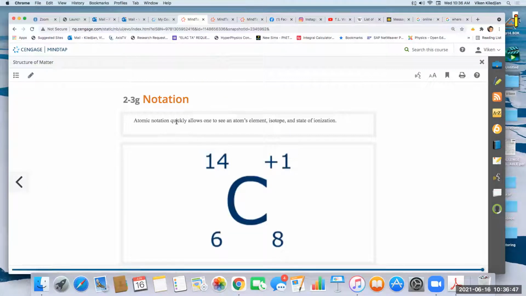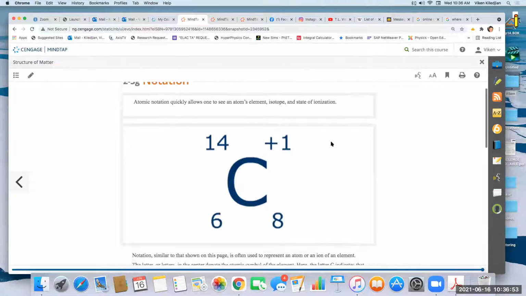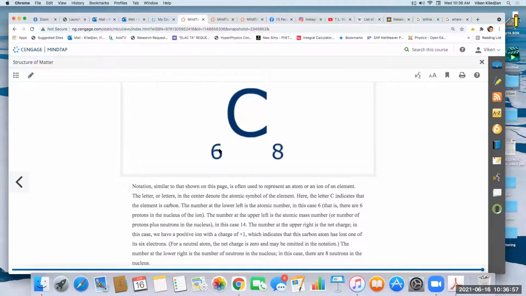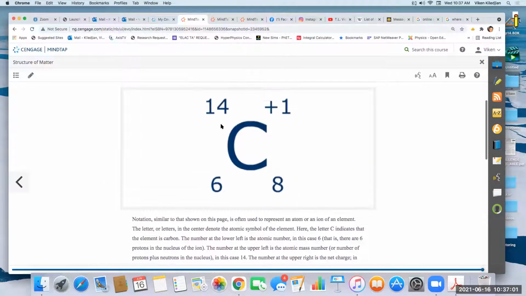So atomic notation quickly allows one to see an atom's element, isotope, and state of ionization. So this one is telling you what? This is 6 protons. That's the atomic number. 14 is the atomic weight. So if you subtract 14 minus 6, you get 8 neutrons.